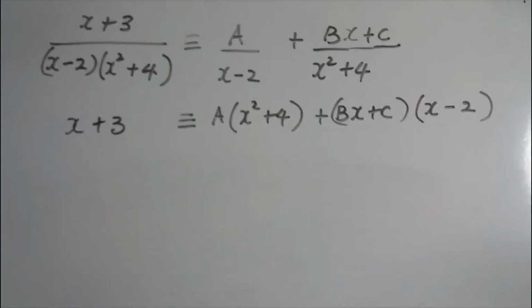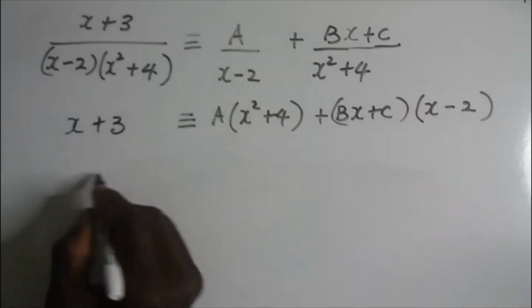So finally, we'll substitute any value, preferably a small value for x, so that we can find what b is. We actually found c. So we know c is minus a quarter, a is 5 over 8. So we'll set x equal to, let's say, 1. So this becomes 4.